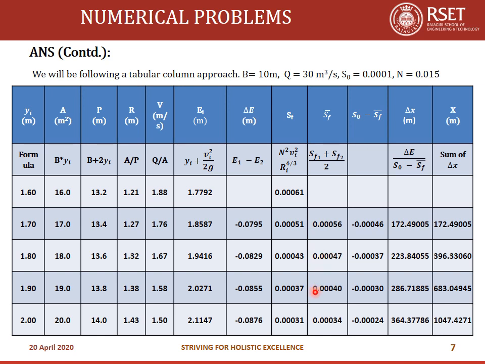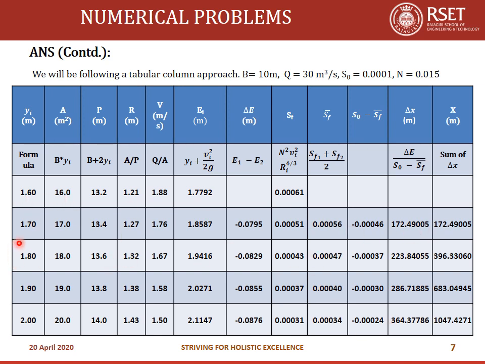If I am going for SF bar in the next row, it is 0.00037 plus 0.00043 divided by 2. So on and so forth, I can calculate the values of SF bar. S0 minus SF bar also I will be able to calculate correspondingly, and I will be able to find out delta X.